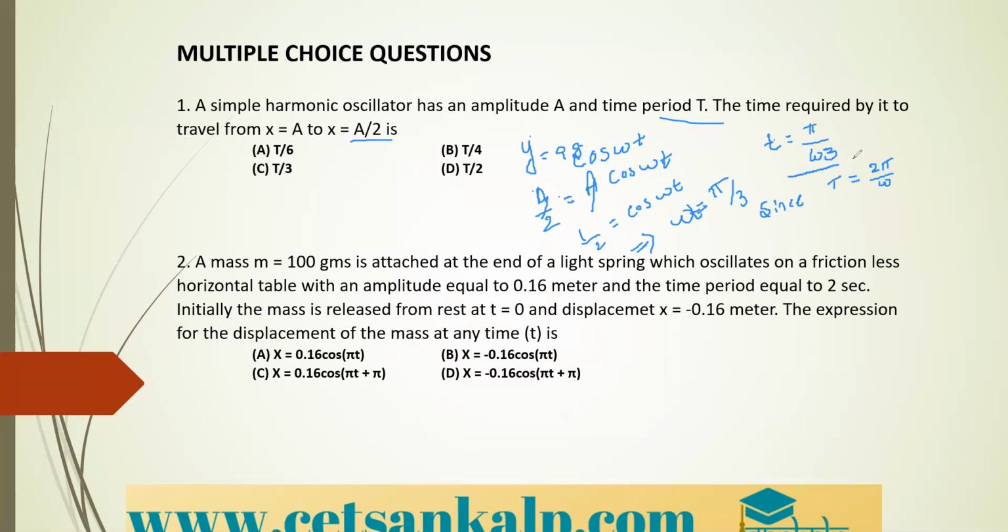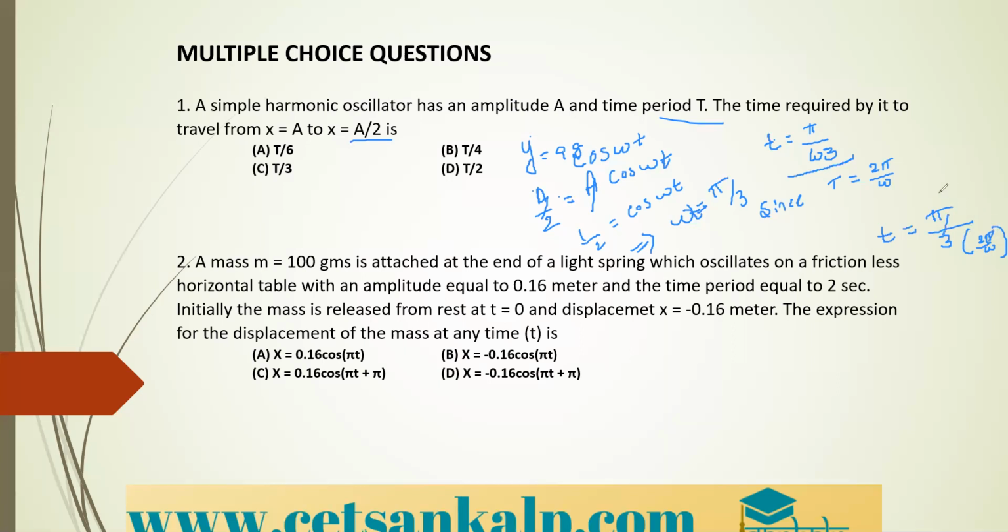Now, small t is equal to pi by 3 omega, which you have written here. Therefore I can write small t is equal to pi divided by 3, writing it as it is, and next, for omega, I can substitute 2 pi divided by T. Here pi will get cancelled.